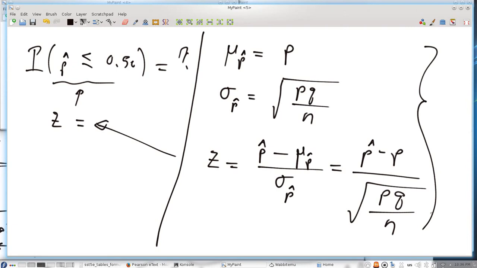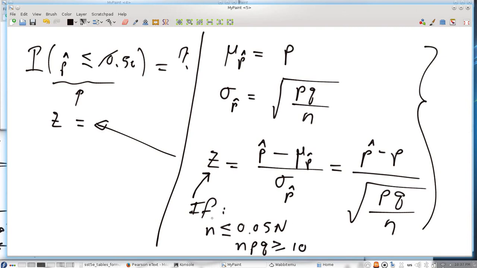Remember again that we can only compute this z if and only if the conditions are satisfied: n, the sample size, must be no more than 5% of the entire population, and the products of p times n and q times n should be at least 10.